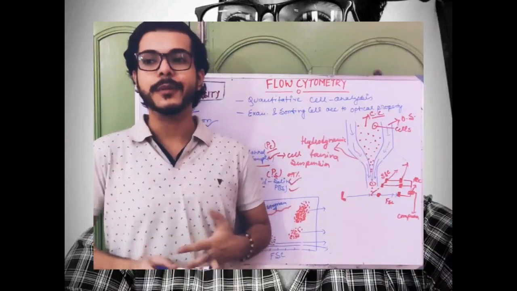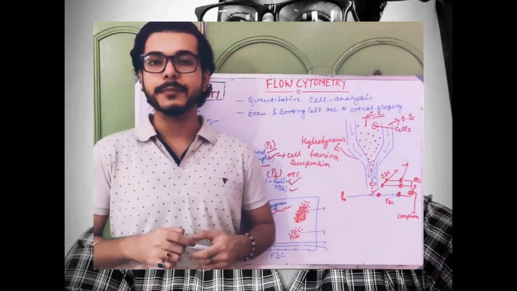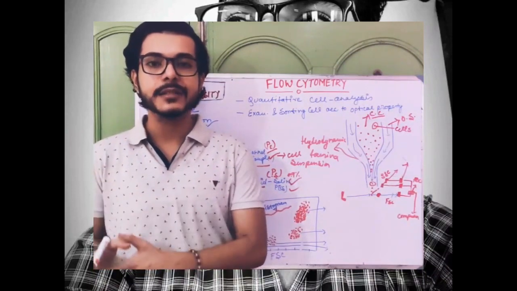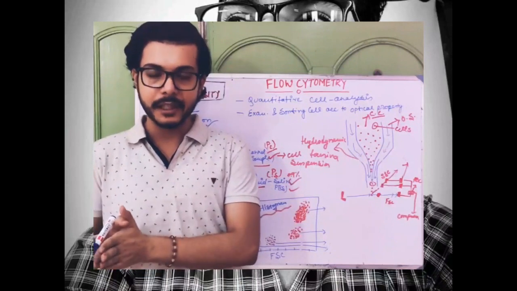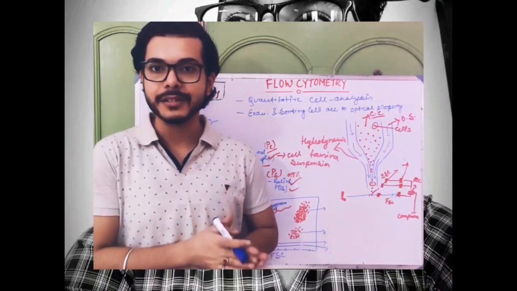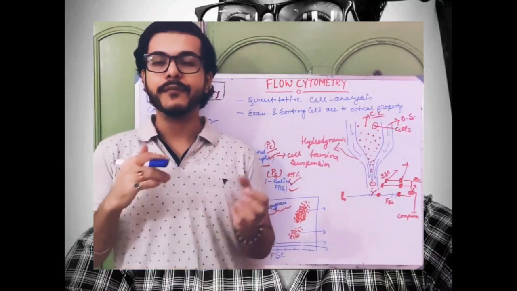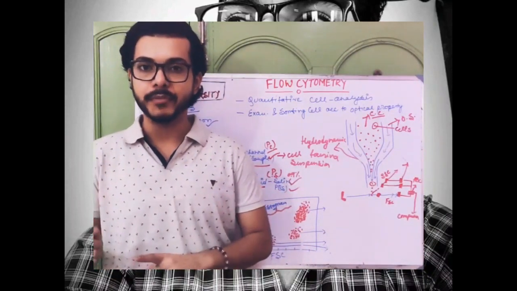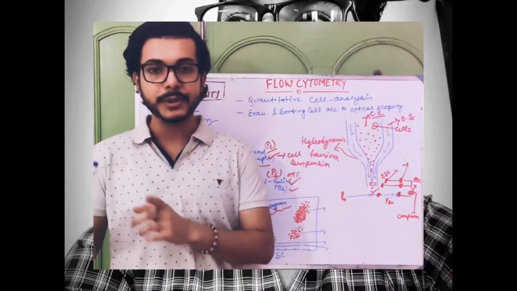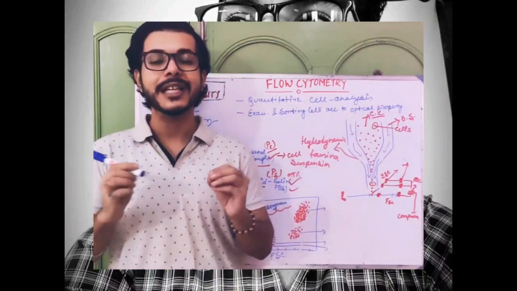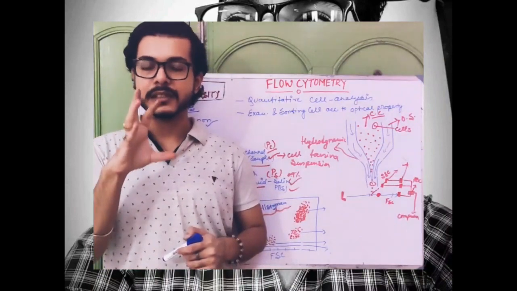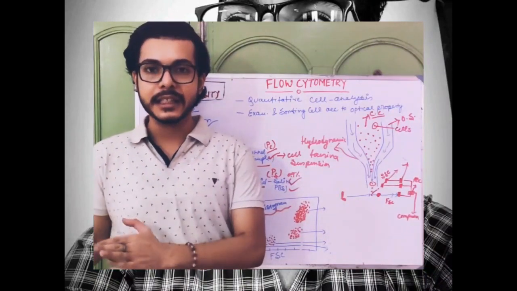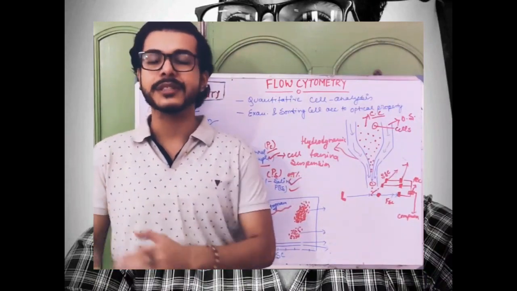So in case of flow cytometry, if you talk about the principle, it is the analysis of the cell qualitatively by its physical and chemical characteristics, where a cell suspension has to pass through a laser beam, and due to that laser beam the cells from the suspension scatter some of the light, and that light is collected and detected to study the cell structure or the cell's morphology.